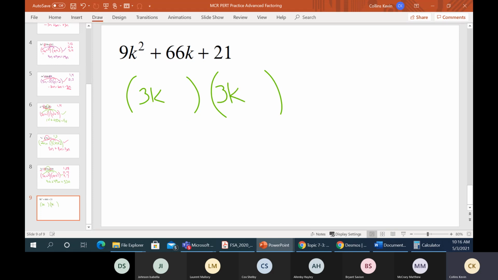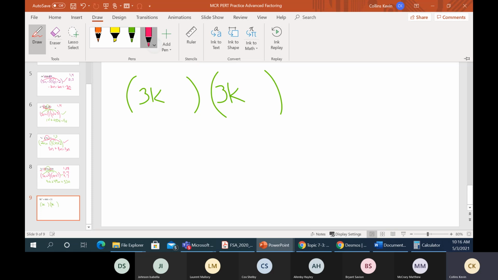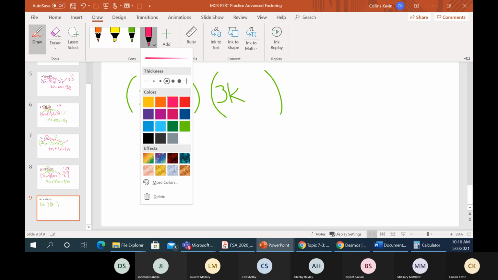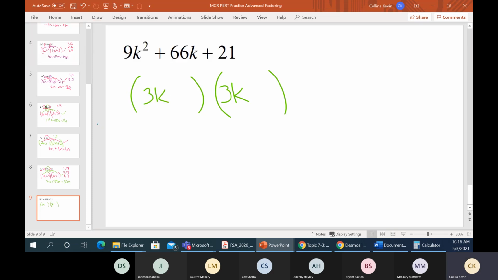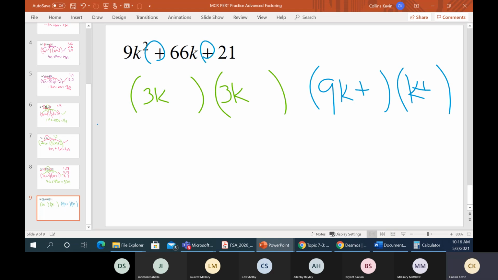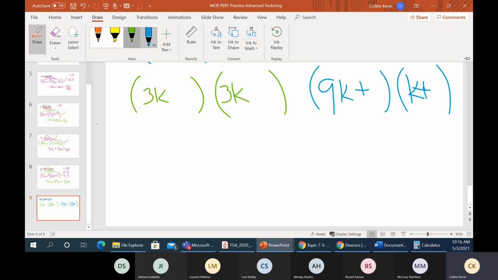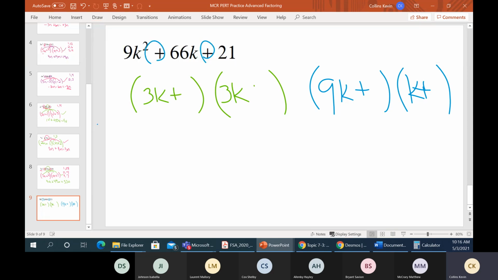Or it could be, let's switch up colors for this one, 9k and 1k. Now they are both pluses. Let's do a plus and a plus, right? And then same thing over here. So plus and a plus. So we don't have to worry about that part of it.